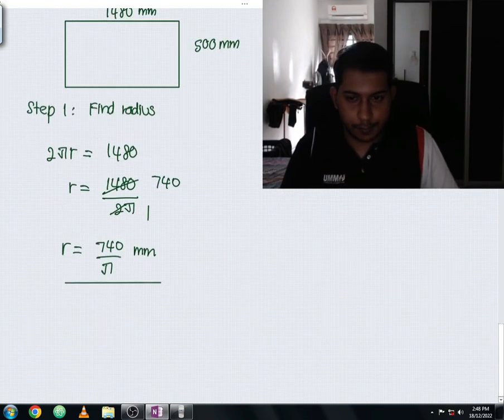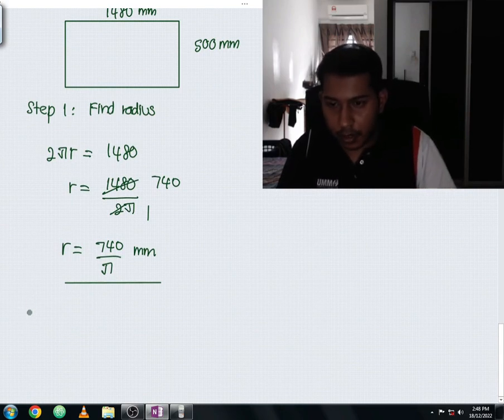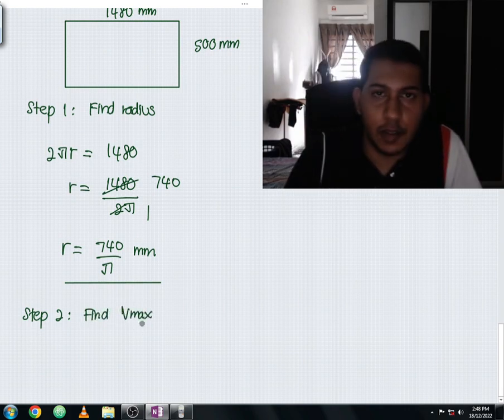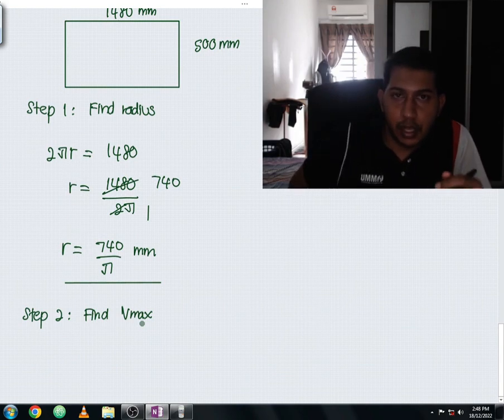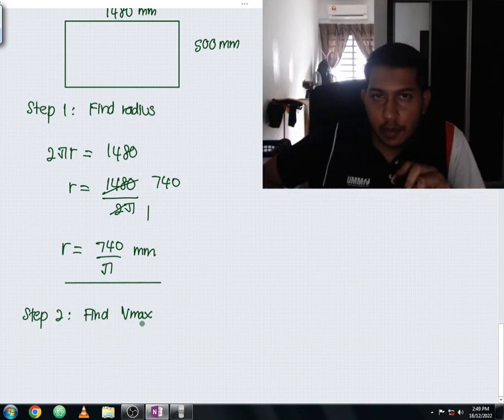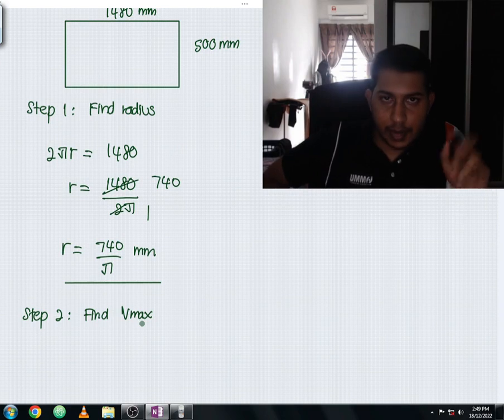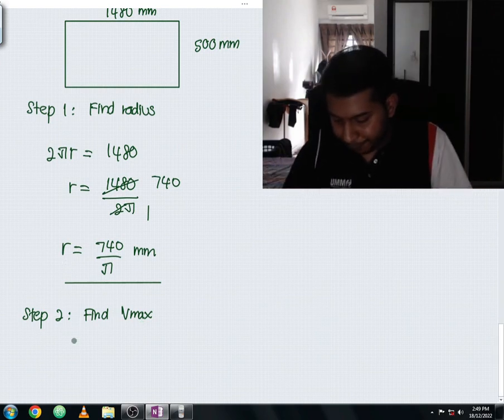Next, once you have found the radius, it will be easy for us to calculate the volume. Step 2, find Vmax. In this case the volume that they require is that of a cylinder. The formula to calculate the volume of a cylinder is pi r square times height.